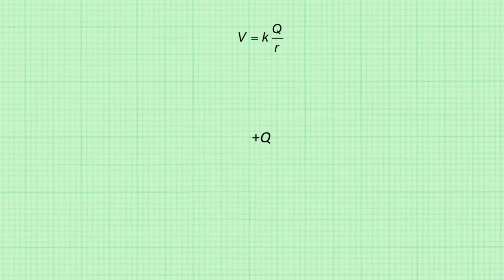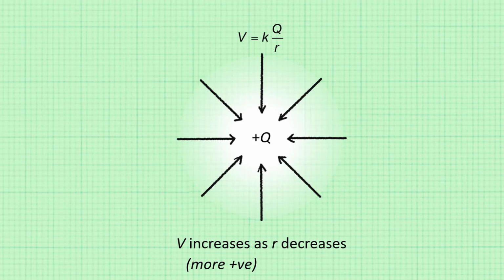If we think of the electric potential as the height or elevation of an electric landscape, then from the formula we can tell that a point charge will produce a positive potential that becomes more positive nearer the charge. So it's like a positive point charge raises the ground around it to produce a mountain around it.